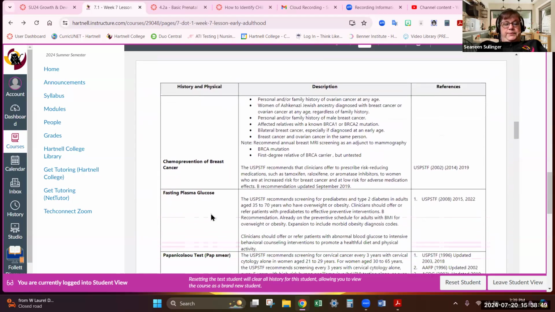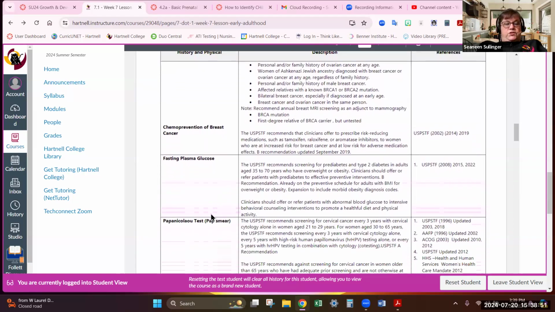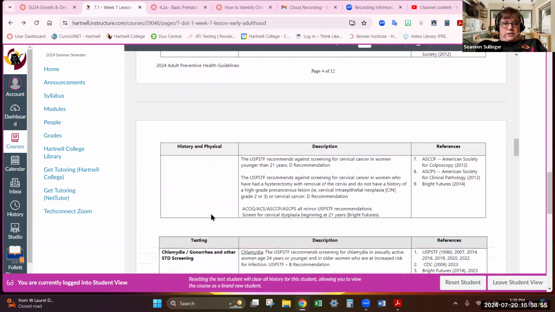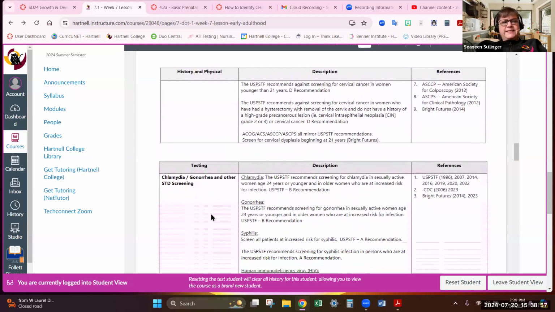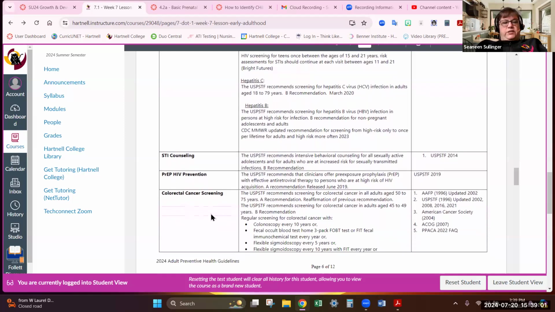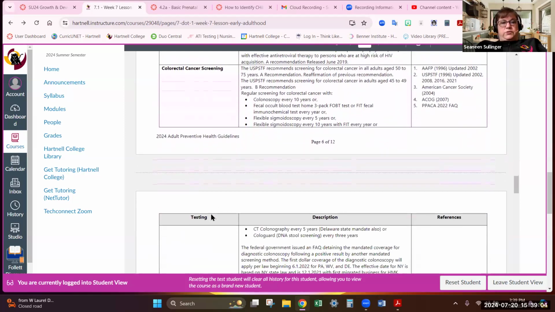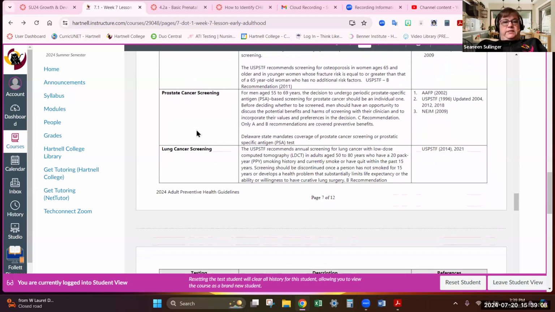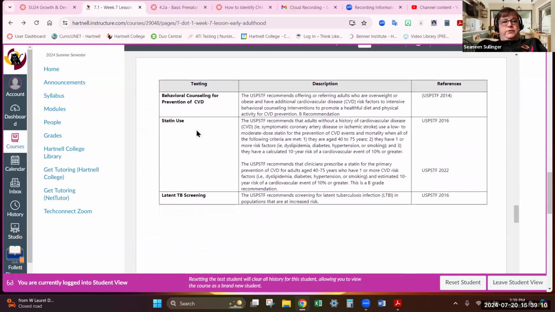And then there are also checking for diabetes, doing a pap smear for the women, getting the prostate checked for men. And then testing, STD screenings, counseling, HIV prevention, colorectal cancer screening, getting your colonoscopy, bone mineral density. There's the prostate screening, lung cancer screening.